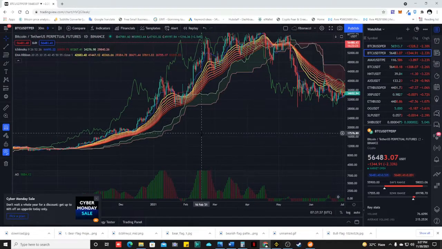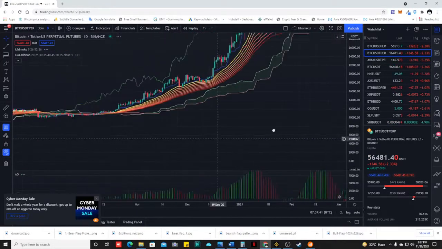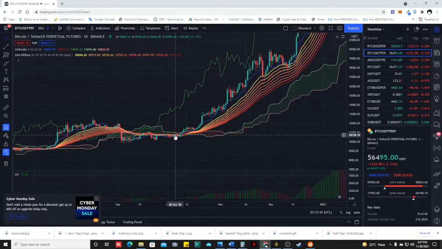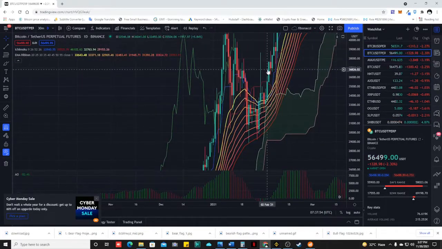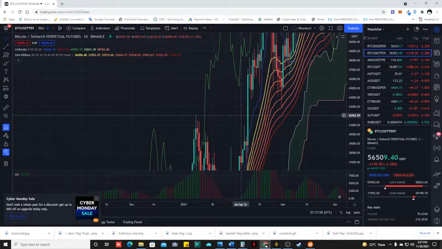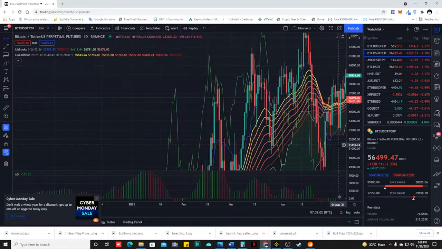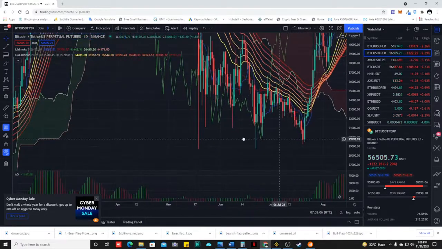Look at this one. This bull run here. The bull run, crossover, and then bounces. Too much bounce. Once it touched the cloud, it bounced again. Bounced again. So it crossed, then it went down.